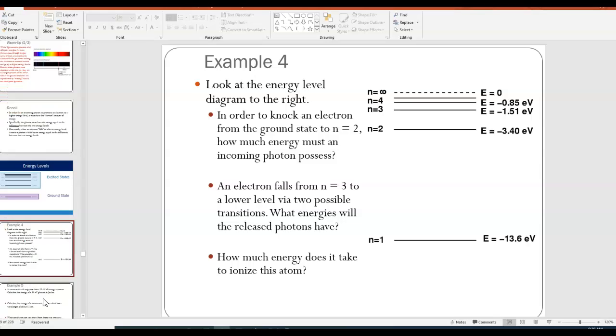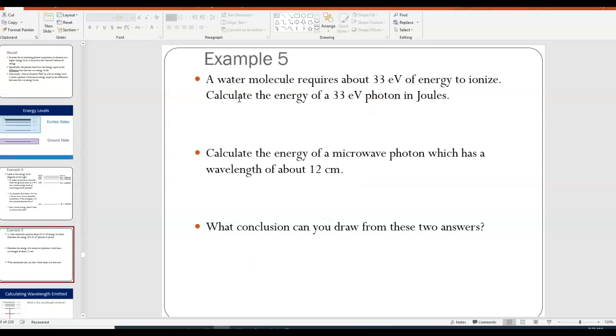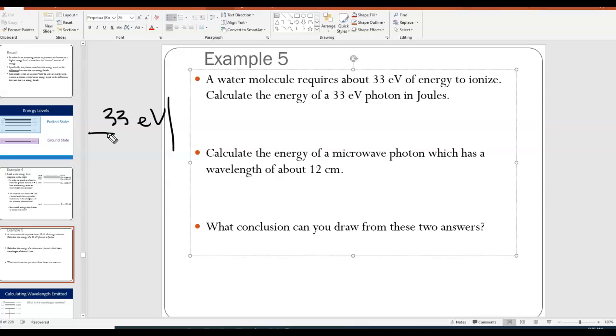Okay, so take a look at example 5. Example 5 says a water molecule requires about 33 electron volts of energy to ionize. Calculate the energy of a 33 electron volt photon in joules. Now remember, electron volt is a unit of energy that we use because the joule is such a big unit of energy. It's not very convenient to use joules when you're talking about these small energy values.